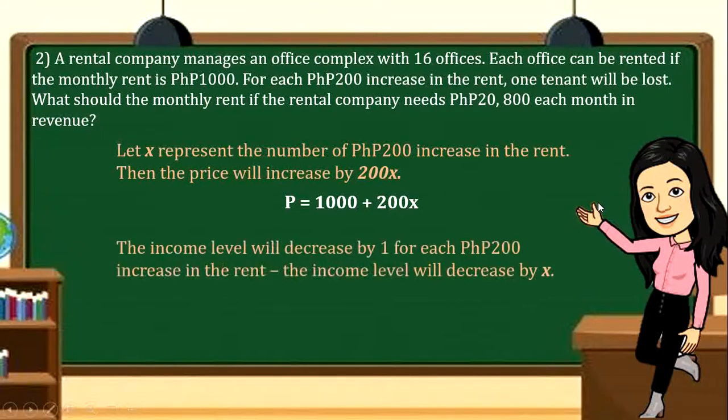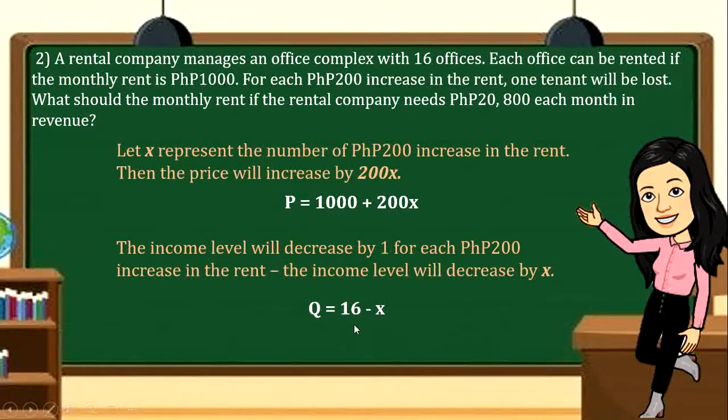Okay, next, for Q, so we have 16 minus x. Bakit 16? Dito yon 16 offices. Bakit x lang? So, 1 lang yan. 1x. Bakit? Kasi, pag daw nag-increase ng 200 pesos, nababawasan ng isang tenant. So, minus 1x.